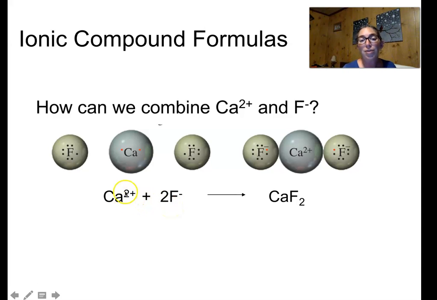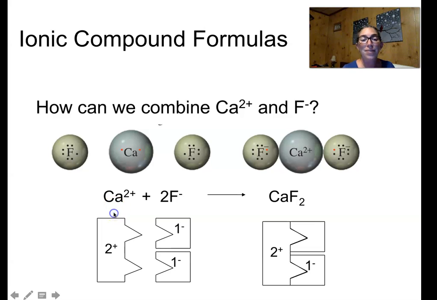So our 2+ charge on the calcium, all right, so we have 2+ charge here, and 2 fluorines is basically like saying 2 times -1. All right, and if we add those together, +2 plus -2 equals 0.